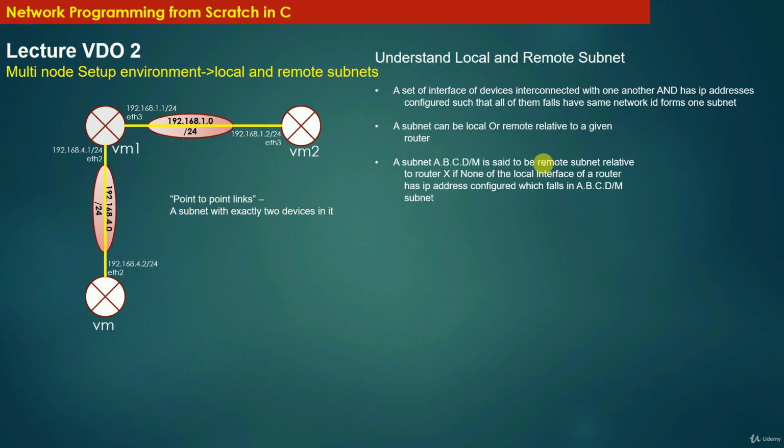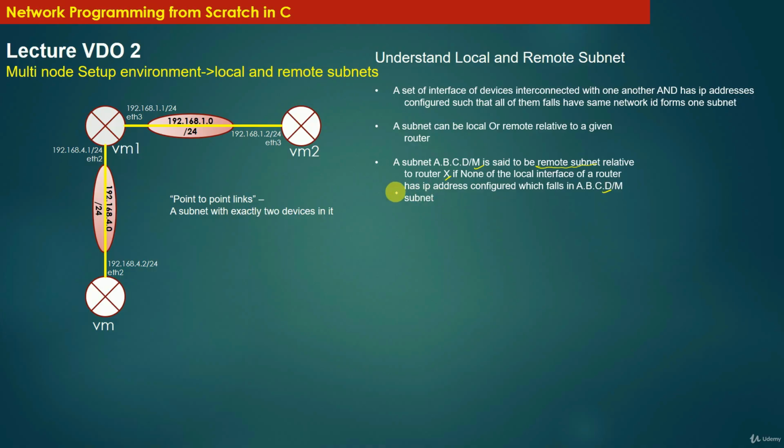Now let us go through the definition of remote subnets. A subnet a.b.c.d/m, where m is the mask value, is said to be a remote subnet relative to router X if none of the local interfaces of router X has an IP address configured which falls in subnet a.b.c.d/m.